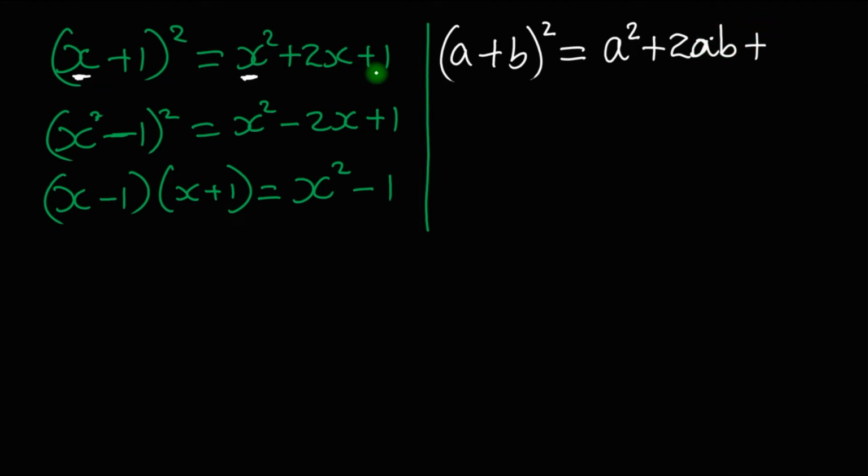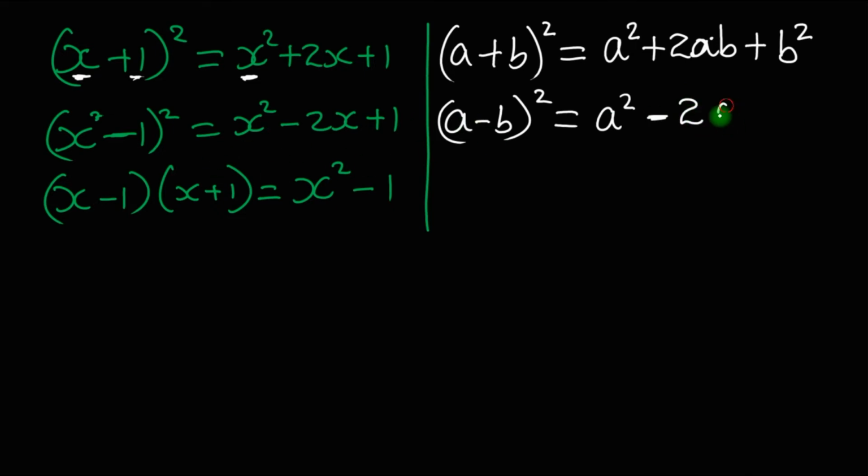Then plus b squared. Therefore the other one, a minus b squared, in the expanded form we shall get a squared, but in this case it is minus 2ab, then plus b squared.